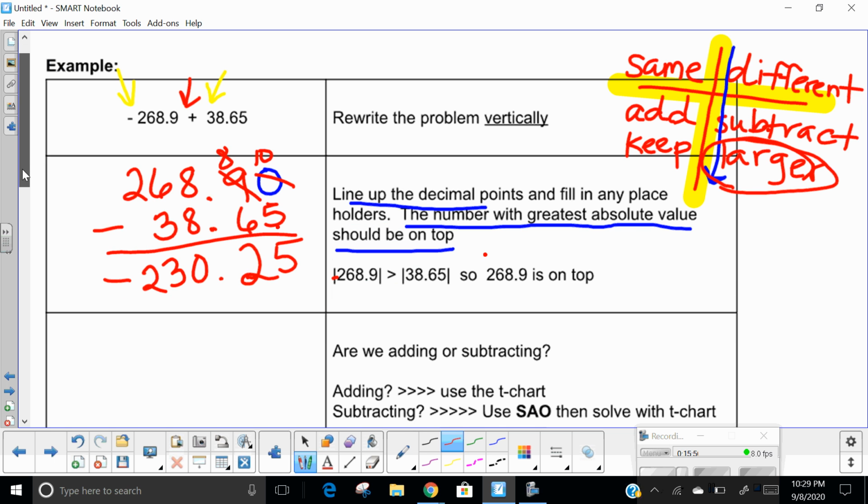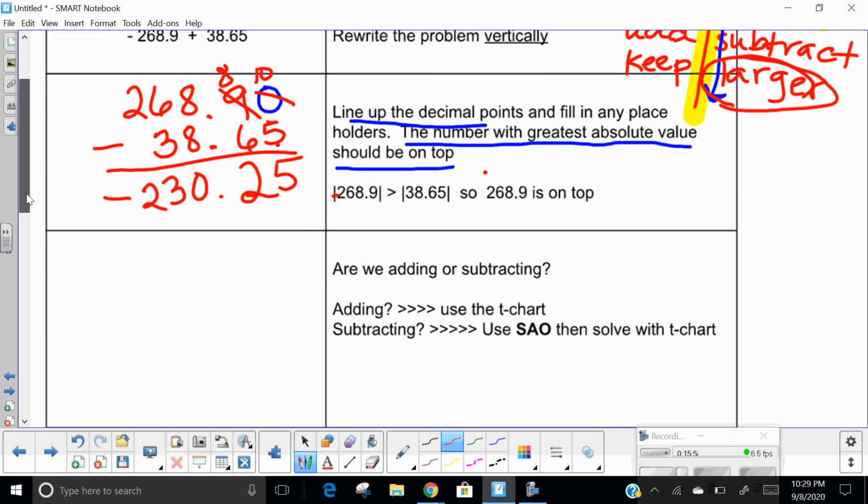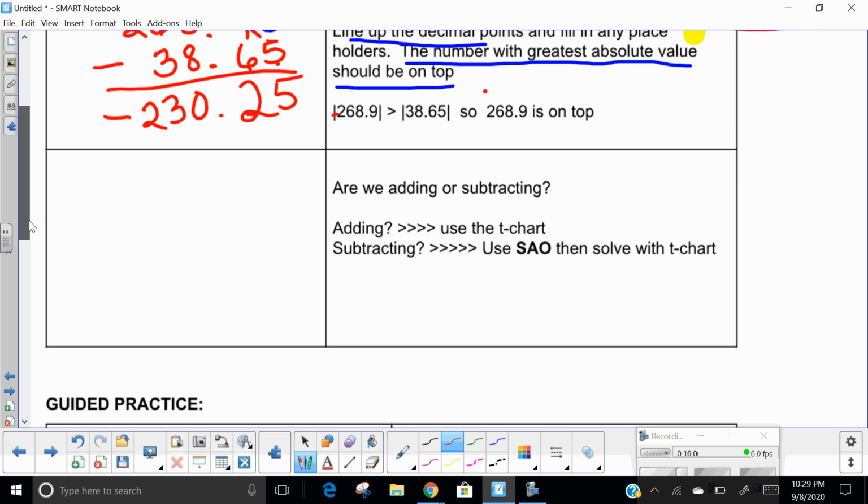So now you want to remember, okay? You need to ask yourselves, are we adding or subtracting? If we're adding, we can use the T-chart. And remember what I showed you. The T is a big plus sign, okay?